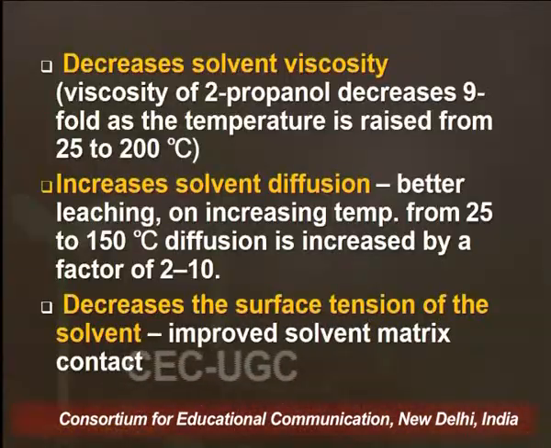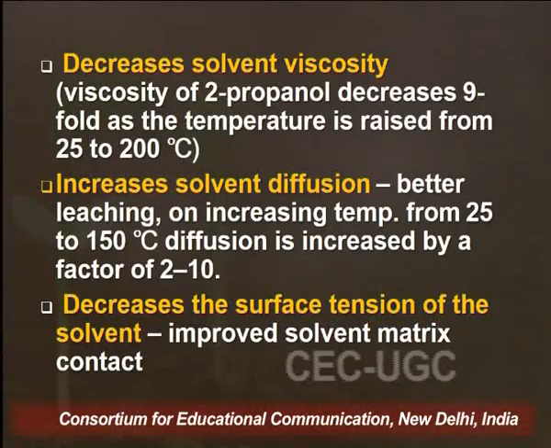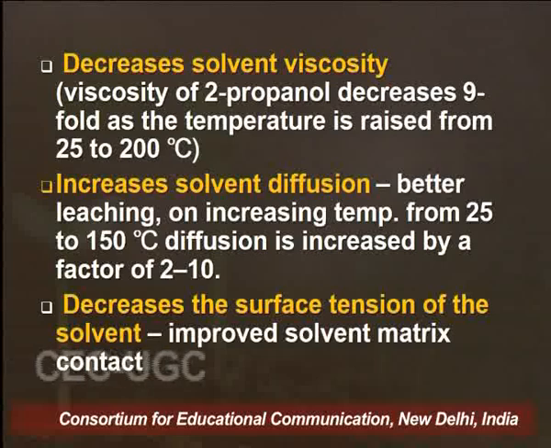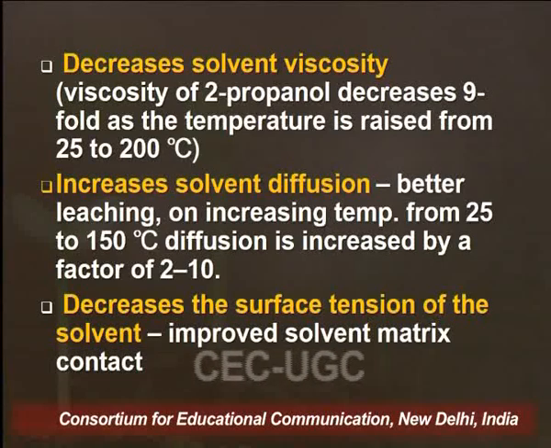Now increased temperature also decreases the viscosity of the solvent, which we have discussed in the previous extraction techniques, and this decreased viscosity helps in increasing the diffusion of the solvent into the matrix. This is one aspect, decreased solvent viscosity.